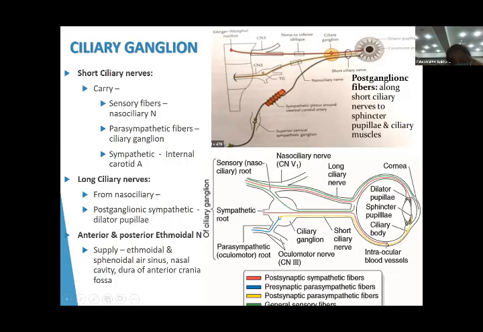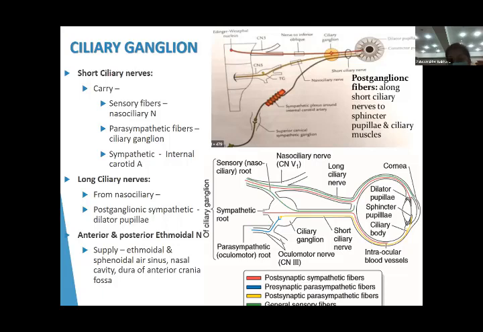उसके अलावा you have anterior and posterior ethmoidal nerves. ये go and supply ethmoidal and sphenoidal sinuses, nasal cavity, and dura mater of the anterior cranial fossa. Okay? So basically, I wanted to tell you about the long ciliary.